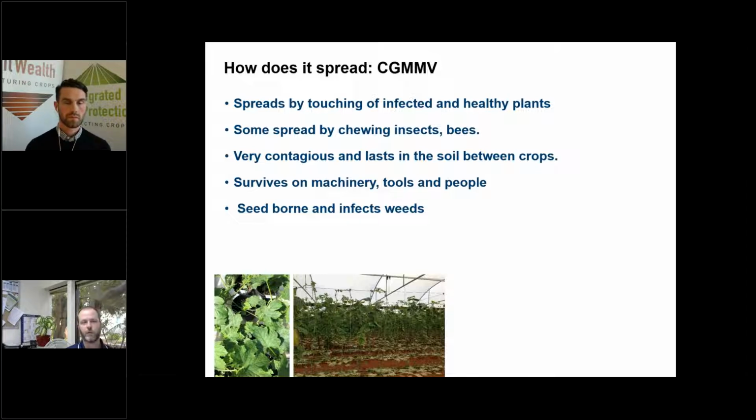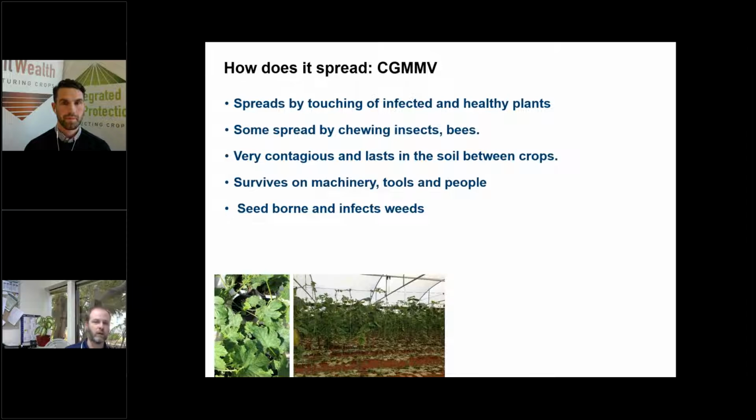The other difference to a lot of the other viruses, in cucurbits and other vegetables as well, is it's really contagious and can survive up to maybe 2 or 3 years in the soil. So if you have long rotations with other crops, it can still be there a couple of years later. I think that one really good way of reducing that risk is through trying to break down as much of that organic material as you can.